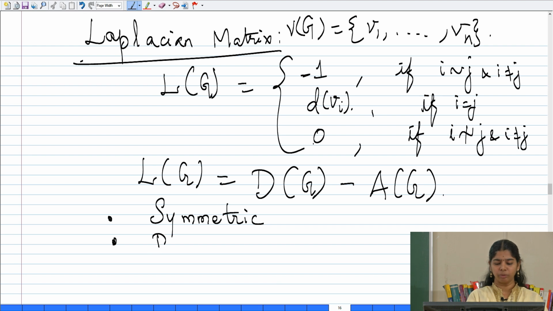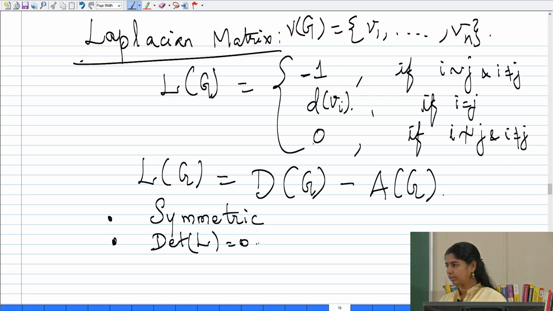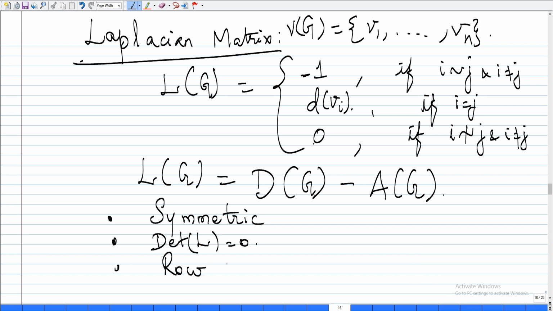The determinant is 0. Why is it 0? If you look at the row sums and column sums, the row sum of L is equal to 0 for any row, and the column sums are 0. So obviously we expect the matrix to be a singular matrix, so the determinant becomes 0.